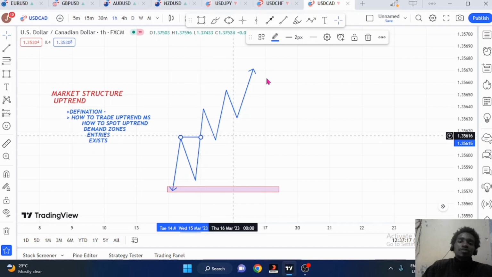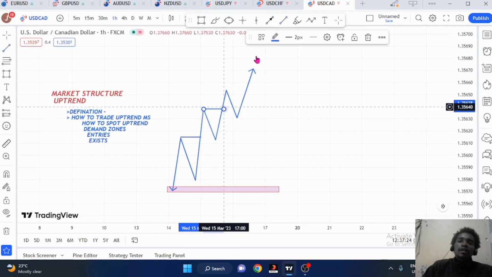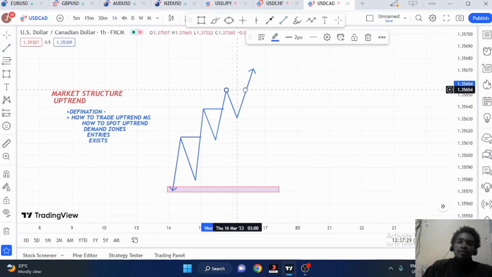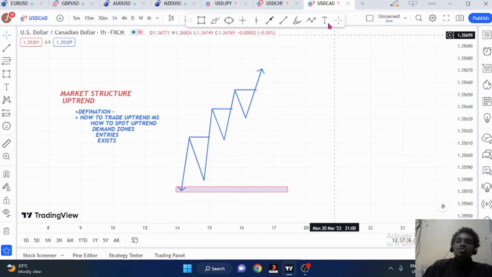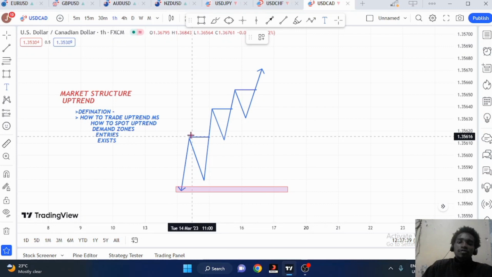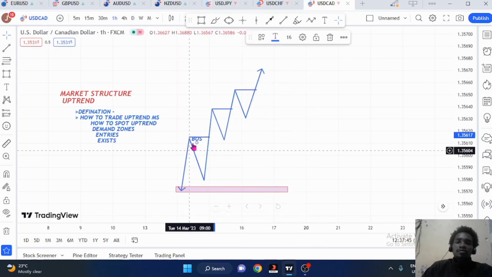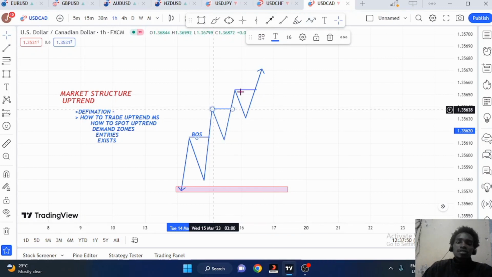I have a break of structure there, another break of structure here, then another here, and here I got another break of structure. So this is a break of structure, which is a BOS. Here we have a break of structure, and all the rest you can see are breaks of structure.